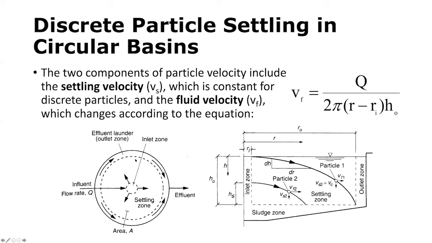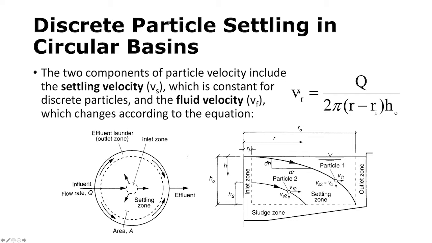However, in the second type of sedimentation basin, the circular basin, even if the flow rate remains constant, the fluid velocity is going to change as it moves outward toward the edge of the reactor. And the way that fluid velocity changes can be defined according to the equation shown here on the right.